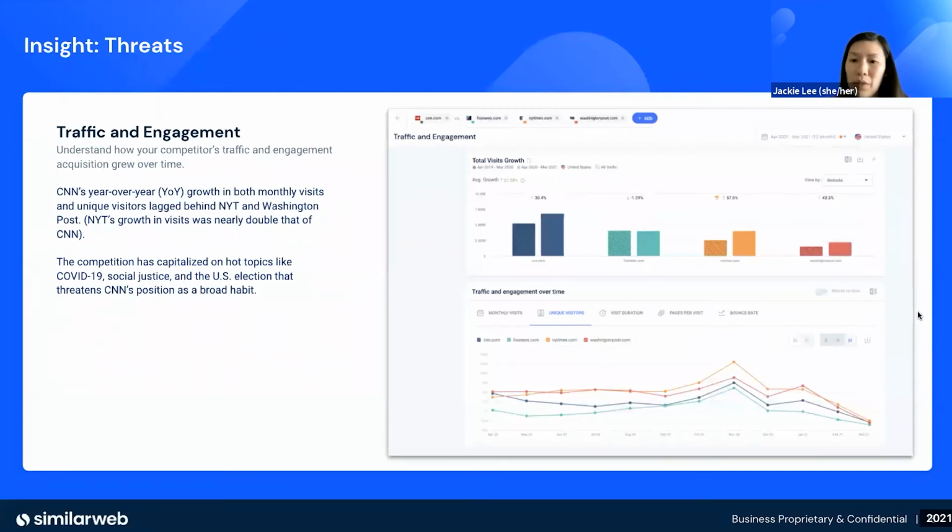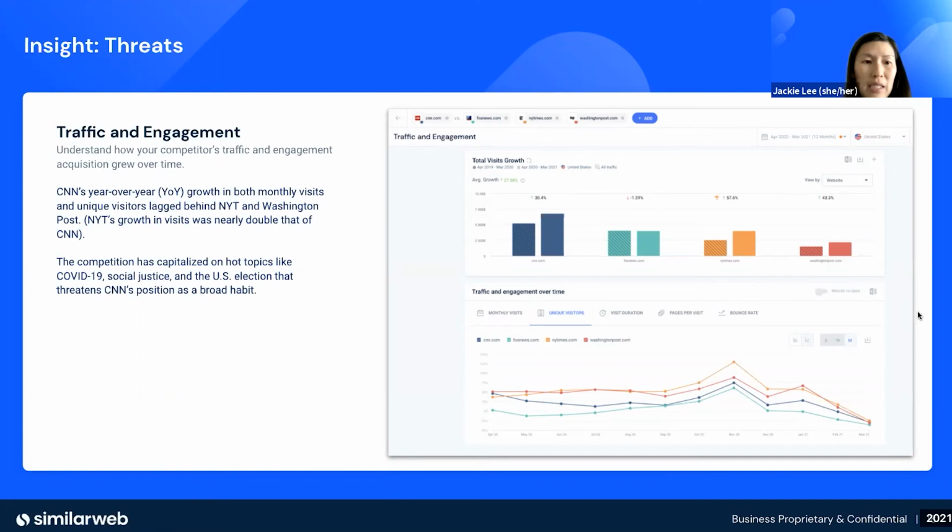So now with any opportunity, it's also important to look at what could be threats to the business's position. What we've got here is a traffic and engagement screen. And what this looks at is the year-over-year growth in monthly visits. What this screen shows is that you can see how your competitors' traffic and engagement grew over time relative to your own growth.